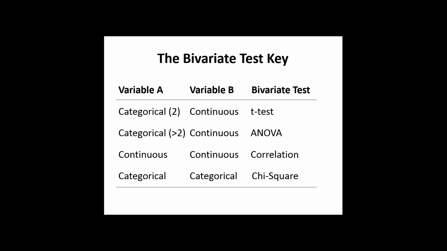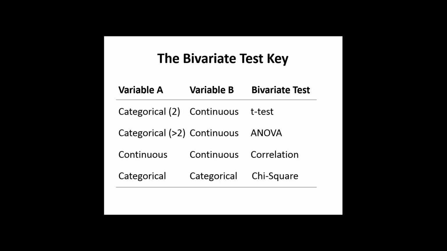Now, we put all this in the bivariate test key. We have 2 variables, variable A and B. So what you'll do is consider the structure of the 2 together, variable A and B, and the final column that says bivariate test will tell you what bivariate test to use. So categorical with 2 categories and continuous, a t-test.